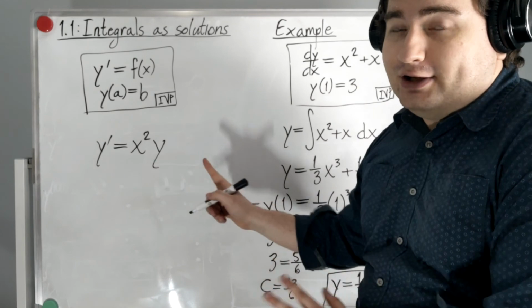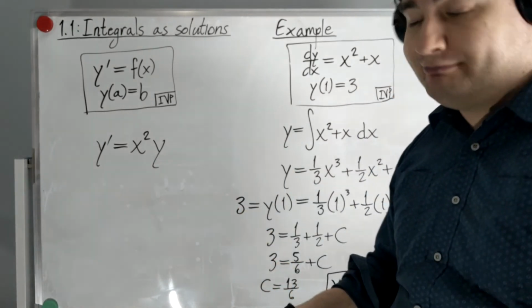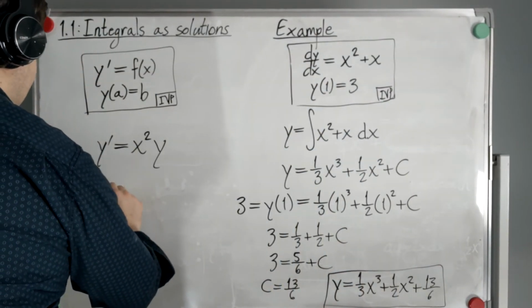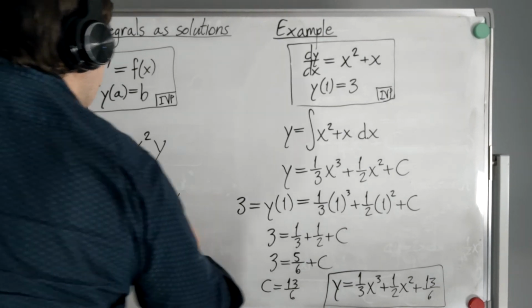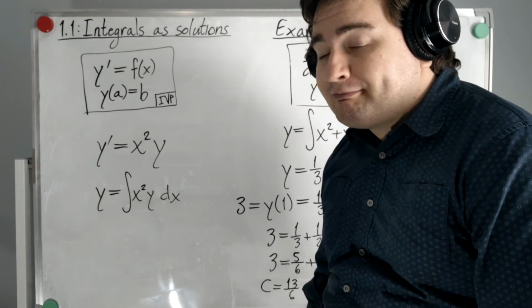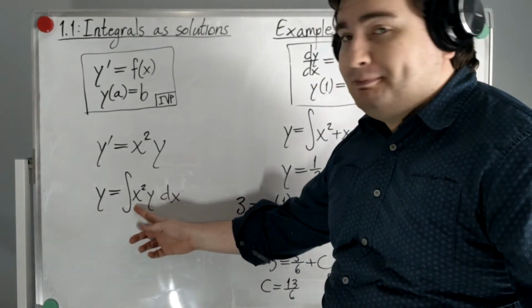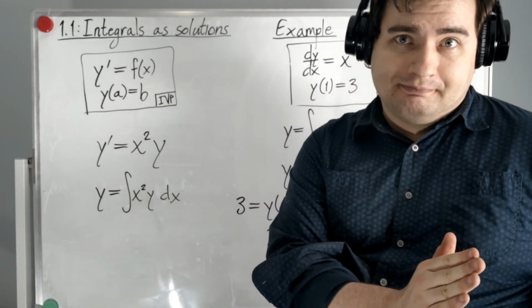This you cannot solve by just doing an integral. The reason why is because if you look at this, we get y equals the integral of x squared y dx. That's true, that's not false. But in order to actually solve this integral, y is a function of x.